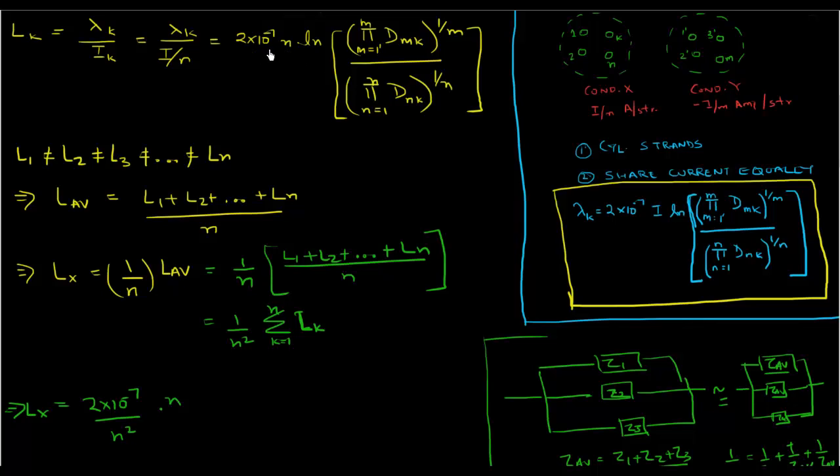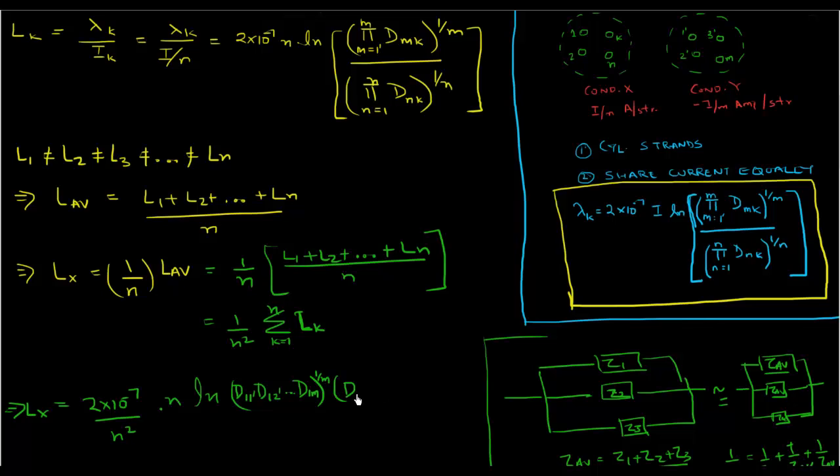So 2 into 10 to the power minus 7, n square, n, ln of L1 plus L2 plus so on. And I'm not going to add the lns, I'm going to do a product of those. So we're going to have D1 1 prime, D1 2 prime, so on all the way up to D1m, this to the power 1 by m.